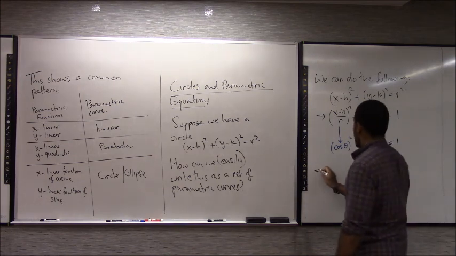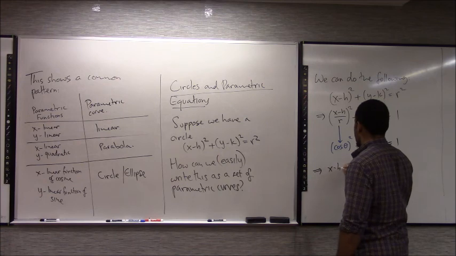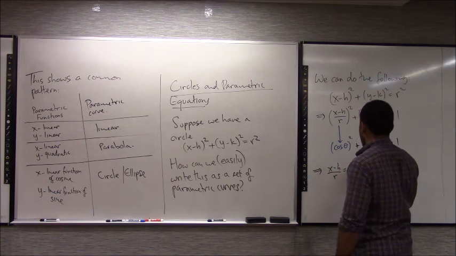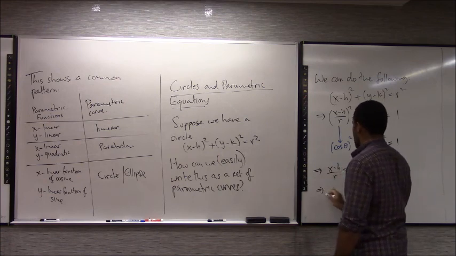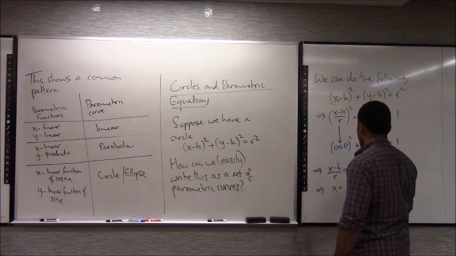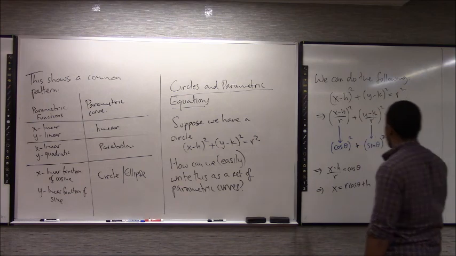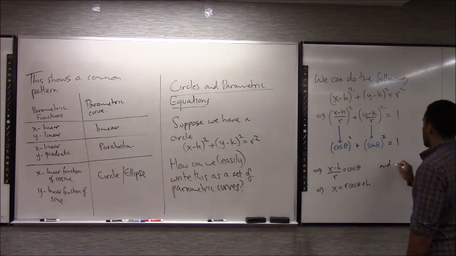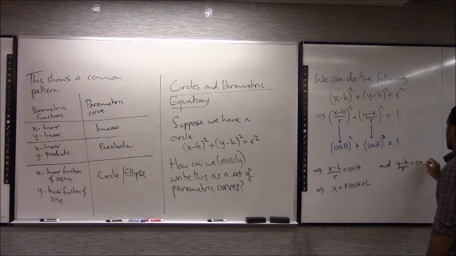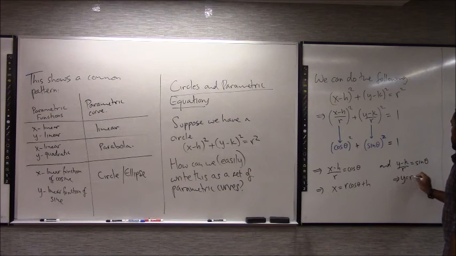And so we will be able to say (x minus h) over r is equal to cosine, or in other words, my x is equal to r cosine theta plus h. And I'd be able to say my (y minus k) over r is equal to sine, or in other words, my y is equal to r sine theta plus k.